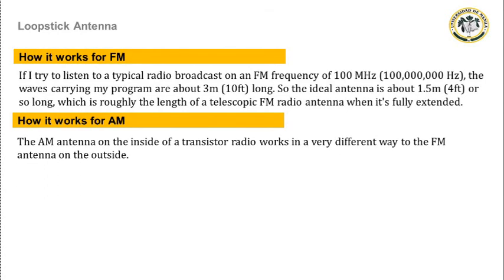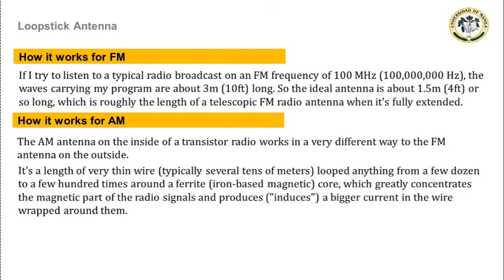The AM antenna inside the transistor radio works in a very different way to the FM antenna on the outside, where an FM antenna picks up the electric part of the radio wave while an AM antenna couples with the magnetic part instead.